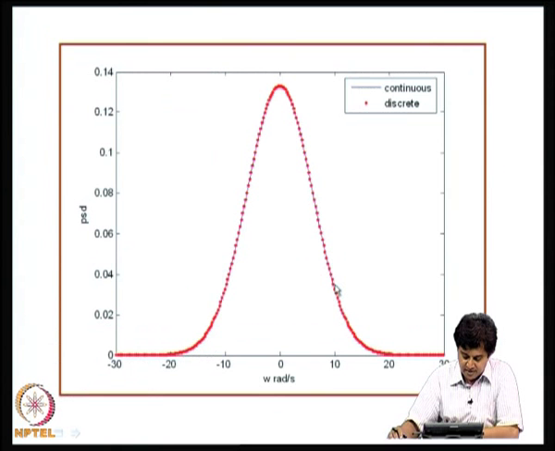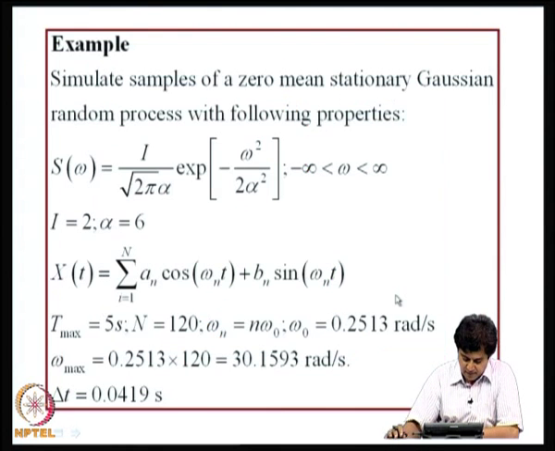So, I am actually discretizing the power spectral density function, each dot is a point where I have discretized, and the parameters used are, we are simulating this for about 5 seconds and I am retaining 120 terms, and omega naught is taken as 0.2513 radian per second. The omega max, since there are 120 points, is about 30 radian per second, and delta t, which will be a function of 1 by omega max, is 0.0419 seconds.